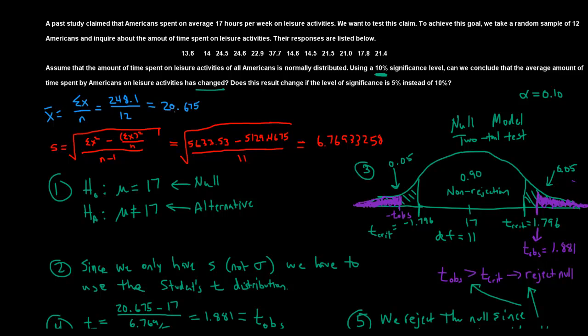We got 20.675. We had to calculate the sample standard deviation. If you're looking in our book, that was chapter 3. This is what we call the shortcut formula. It's not really the traditional definition type formula, but it doesn't take as long as the other one does. We then stated our two hypotheses.